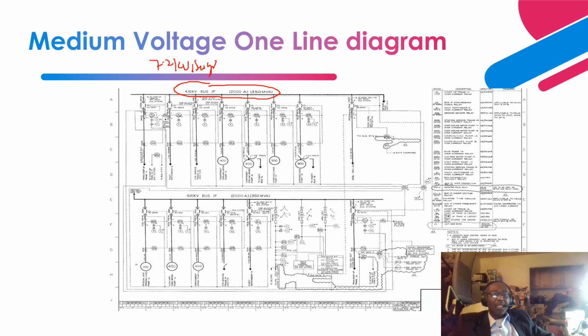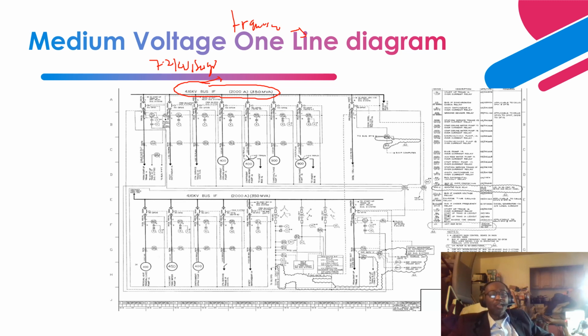But on a transmission and distribution level, the goal of all these medium voltage buses and switchgears is to provide load, power, and voltage to your customers. Okay, so as you can see over here, 4.16 kV.